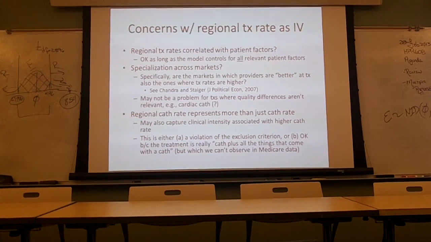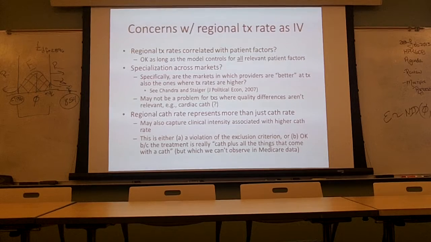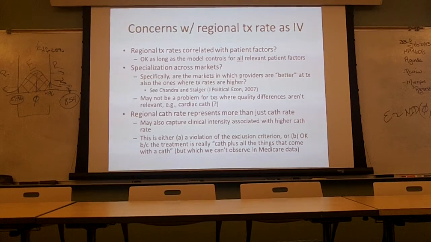And as you move up the complexity of surgical interventions, it's not hard to think that this specialization story becomes more relevant. They're really good at doing it in Minnesota because, well, Mayo's there and they attract really good people. Both those things might make regional treatment rates suspicious as instruments.